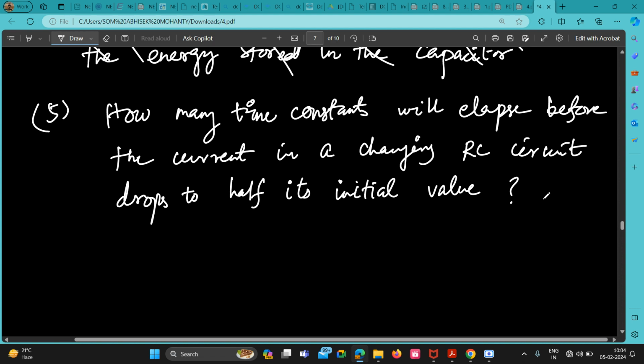Okay. How many time constants will elapse before the current in a charging RC circuit drops to half its initial value?